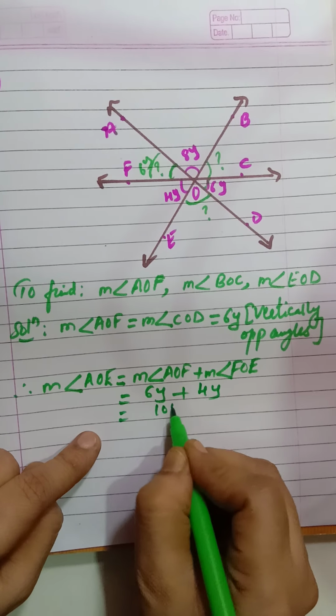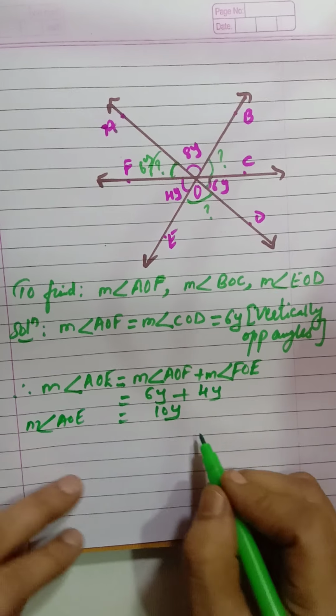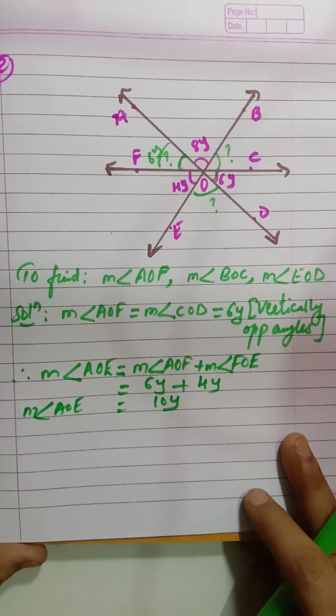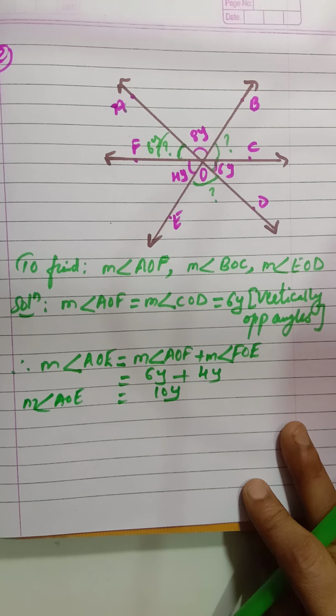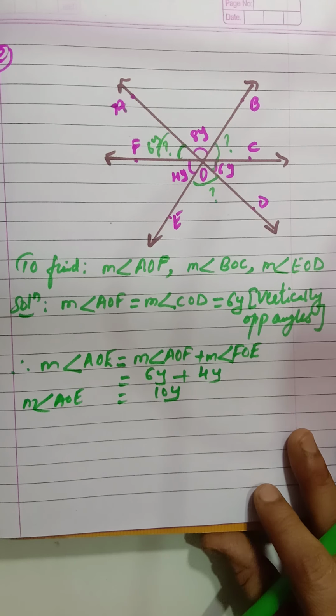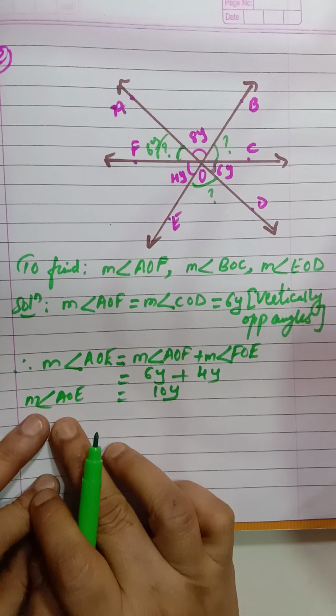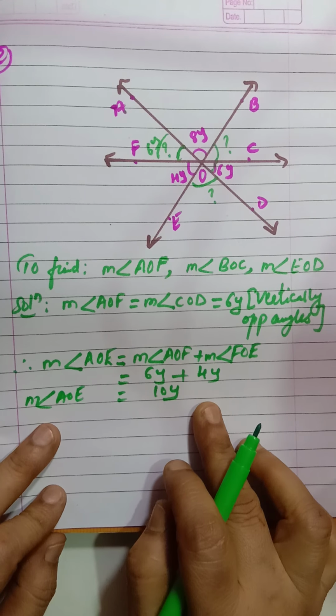So that will become 10y. Measure angle AOE is equal to 10y. Children, all these 3 sums what I am doing, you will see the video 2 or 3 times to understand, to get the concept very clear. Now AOE is equal to 10y.